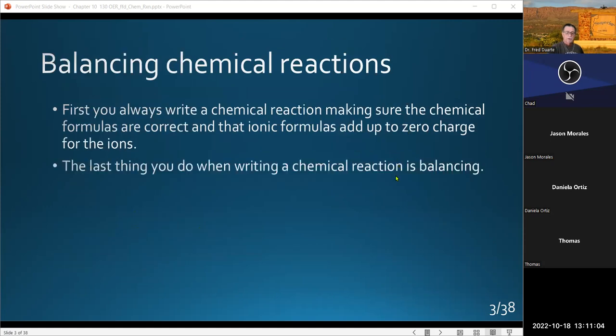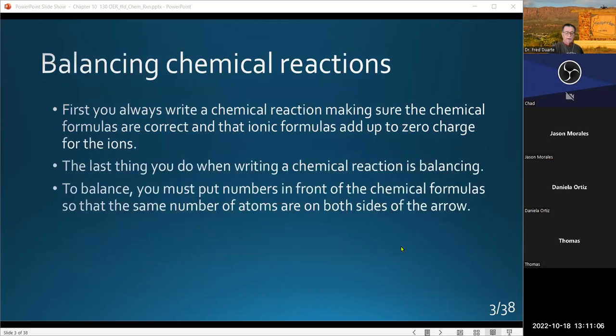All right, so balancing, again, is basically a rehash of what I just talked about. First, you could be given a chemical reaction written in words. First, we write the chemical reaction out into formula form. If they're ionic compounds, then we first write them as ions before we put them together, like we've been doing, to make sure we put them together in the correct ratio.